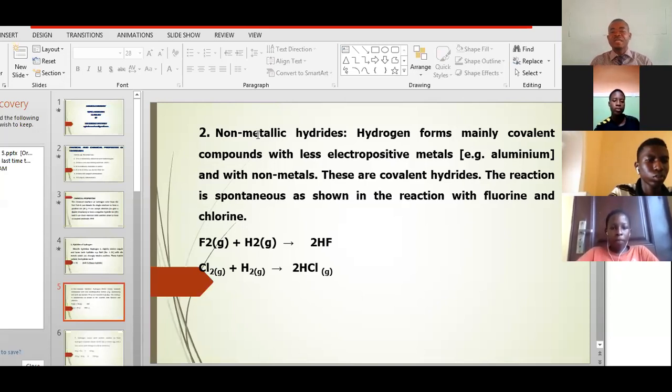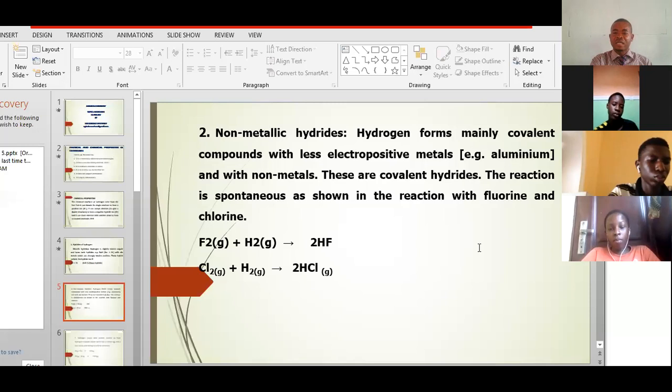The reaction here is very spontaneous, and we can see an example below. What do we mean by a spontaneous reaction? A spontaneous reaction is any chemical reaction that can take place on its own without any external factor like catalyst, light, etc. For example, the melting of glucose in your mouth is a good example of a spontaneous reaction.